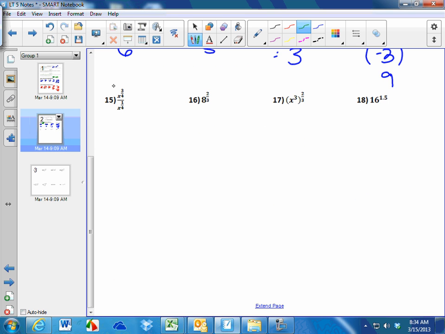number 15. It's starting as a rational exponent, so you probably want to finish with a rational exponent. And number 15 on the board over here, we did a warm-up problem for number 15. And what's the rule? When you have same bases, you subtract. So you subtract like bases. So this is x to the 3/4 minus 1/4, which is x to the 2/4, which is, yep, x to the 1/2. And what happened there?